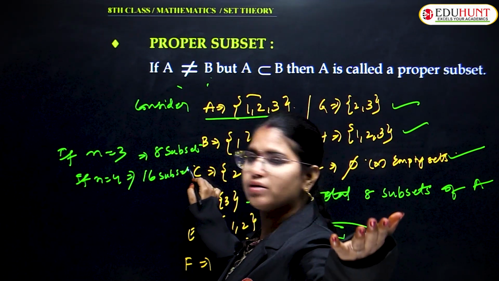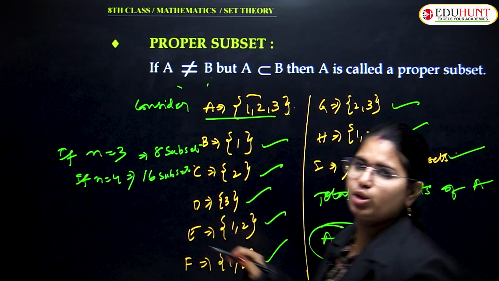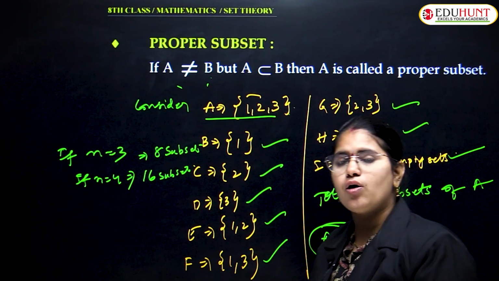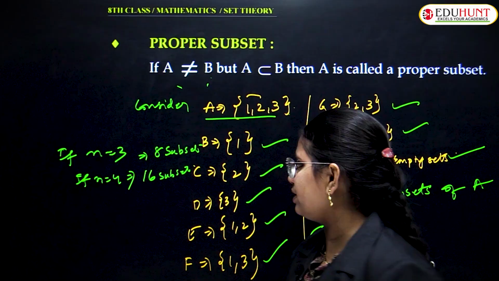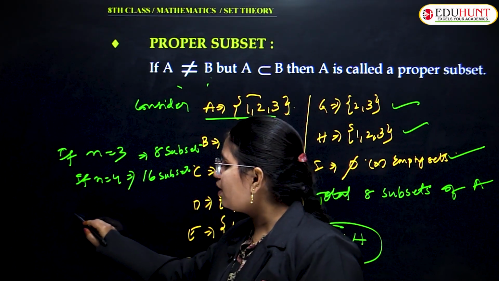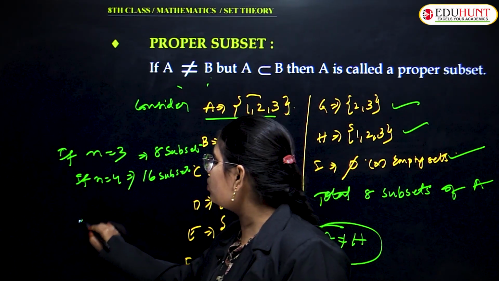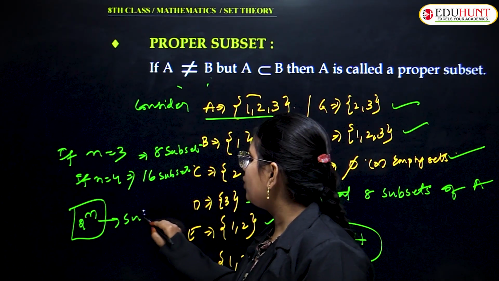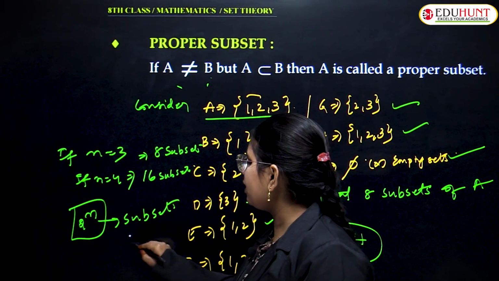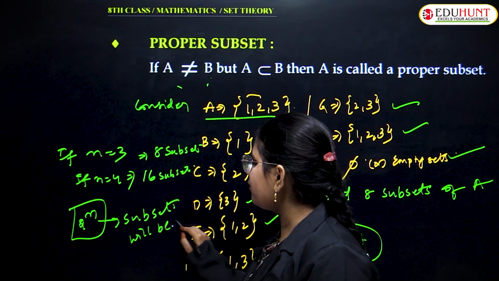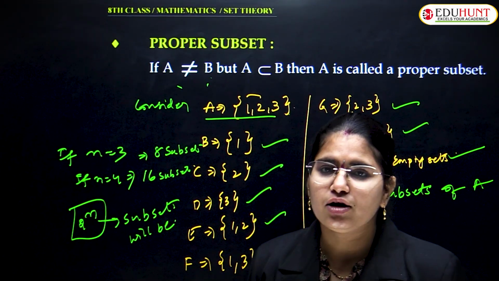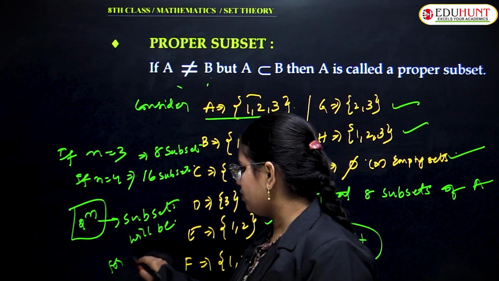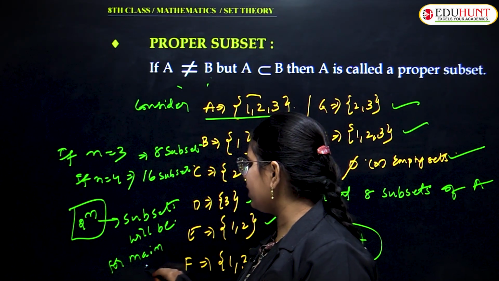You can take one example and prove it. So how do we conclude? If you have n elements, 2 power n subsets will be there for the main set, right, for the main set.